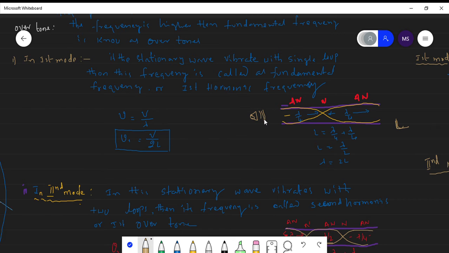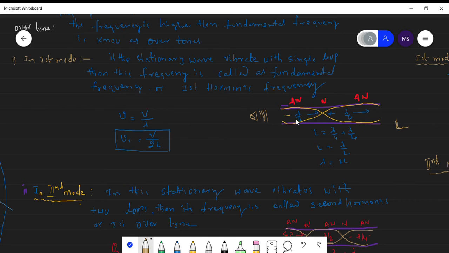The sound wave travels along the length of the pipe and reflects back like this. This is the entering sound wave and this is the reflected wave.